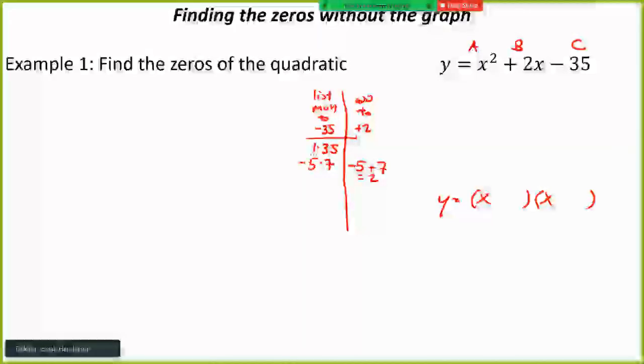So negative 5 and a positive 7. So we split up our 2x, and we factor. We pull out x, and for the second set, we pull out 7. Then we factor out x minus 5, and we get x plus 7, x minus 5.